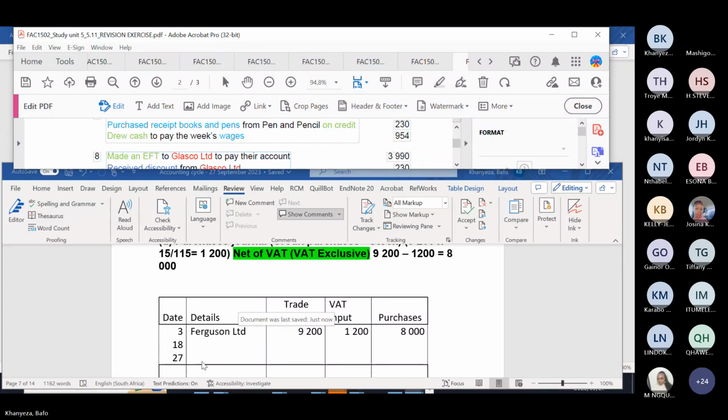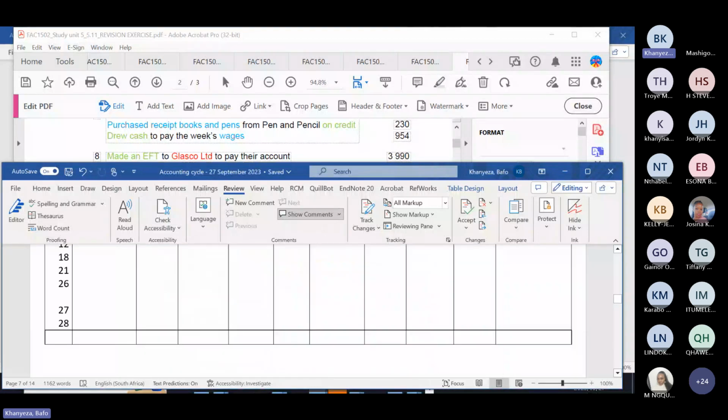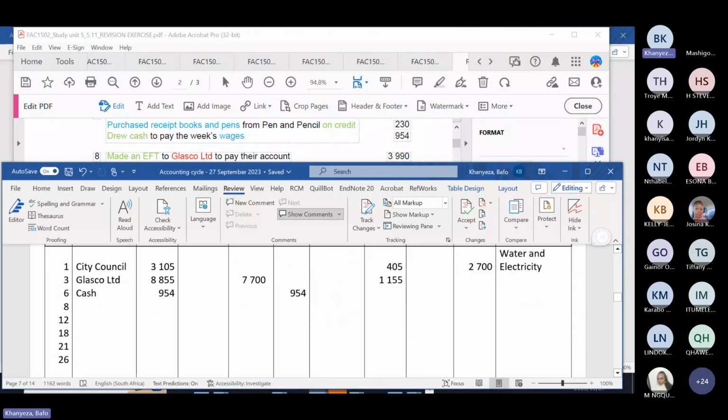So we are paying Glasgow now. I have to look at where that transaction for Glasgow is.